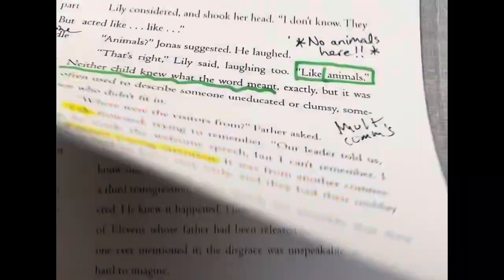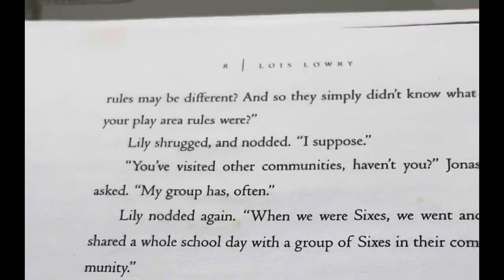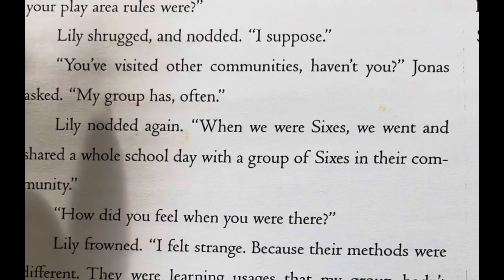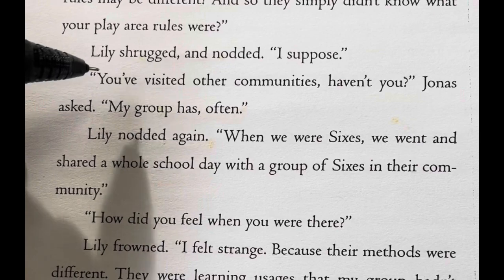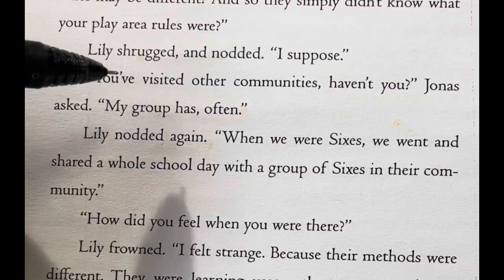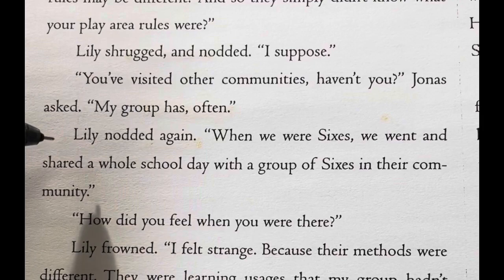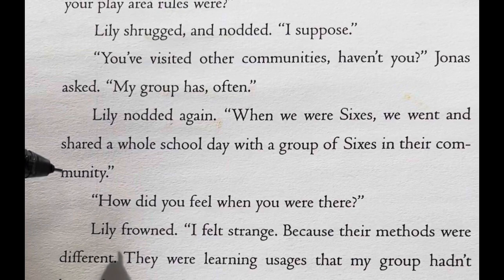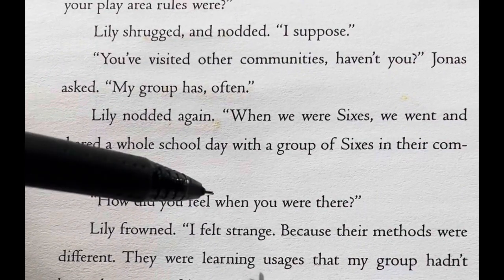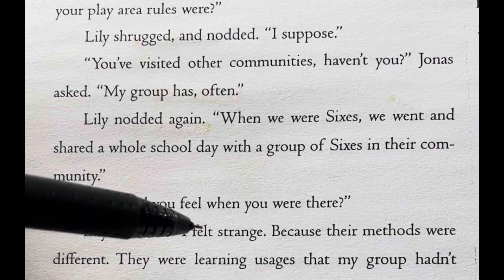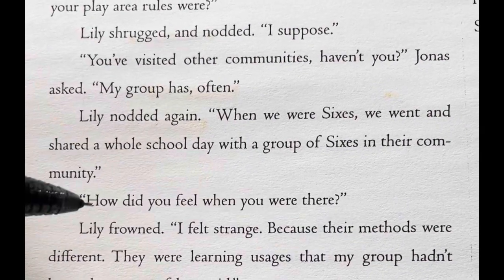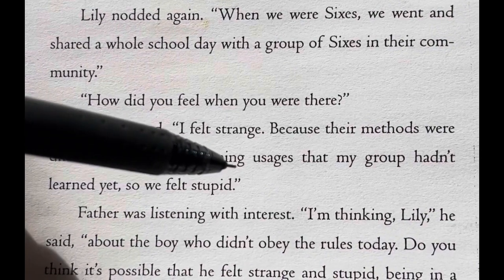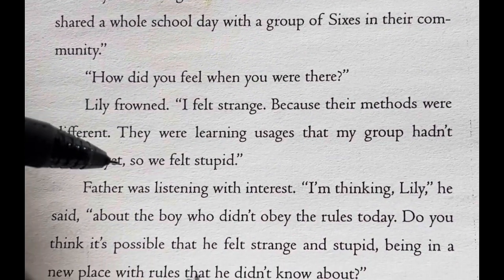Mother nodded. Do you think it's possible that their rules may be different and that they simply didn't know what your play area rules were? Lily shrugged and nodded. I suppose. You've visited other communities, haven't you? Jonas asked. My group has, often. Lily nodded again. When we were 6s, we went and shared a whole school day with a group of 6s in their community. How did you feel when you were there? Lily frowned. I felt strange because their methods were different. They were learning usages that my group hadn't learned yet, so we felt stupid. Father was listening with interest.